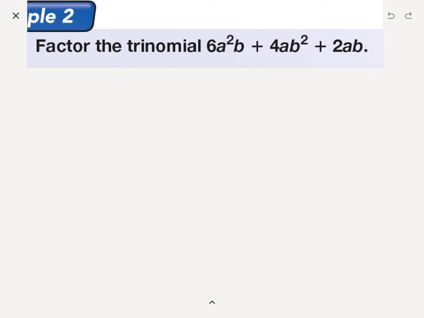All right, so this is a little bit more interesting, I think. So we want to factor a trinomial.